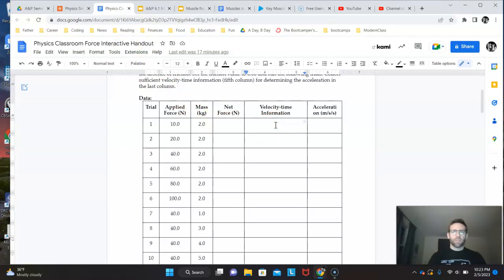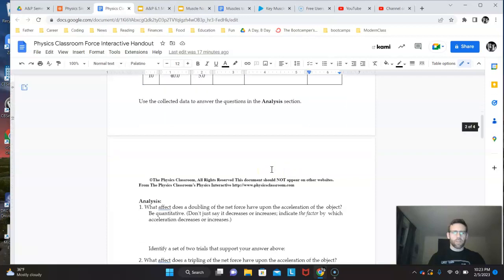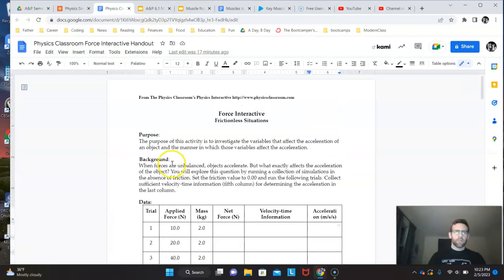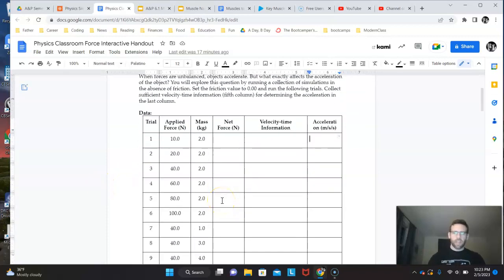You want to describe what the velocity time graph is doing, and then from this graph, you can figure out the acceleration. All right. There are a few other questions on this handout, so play around with it, collect your data, and then from your data, you should be able to answer the questions at the end.